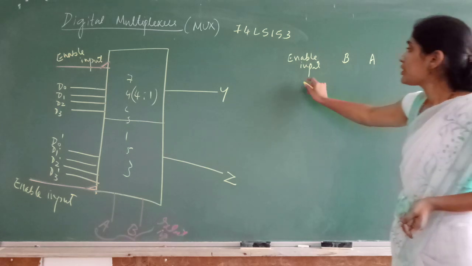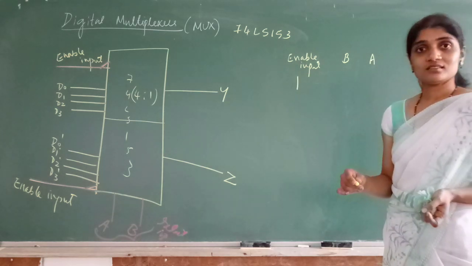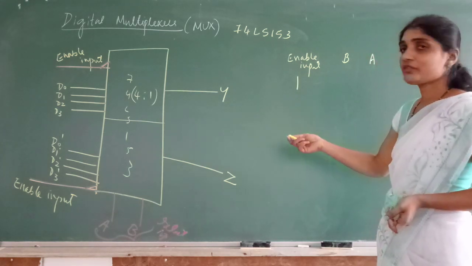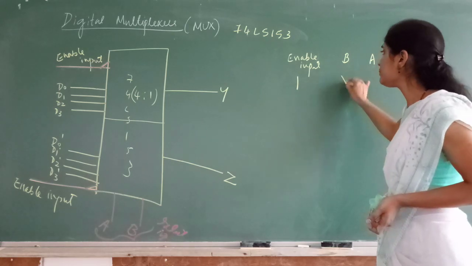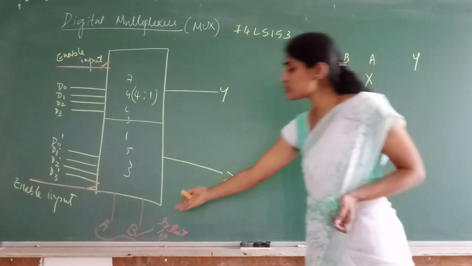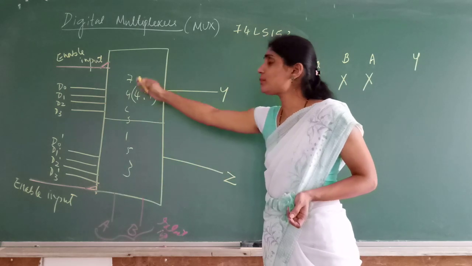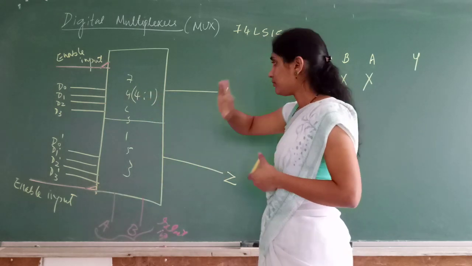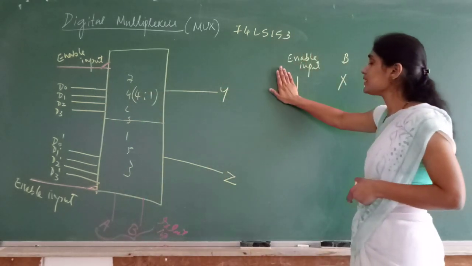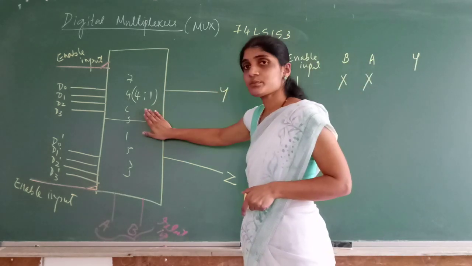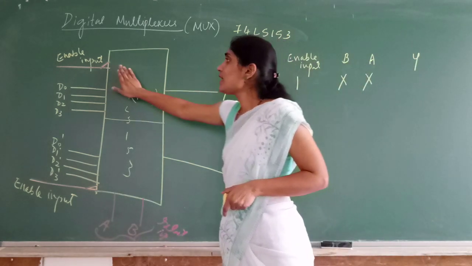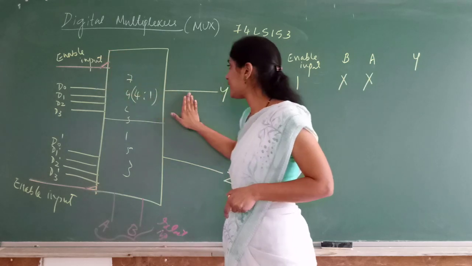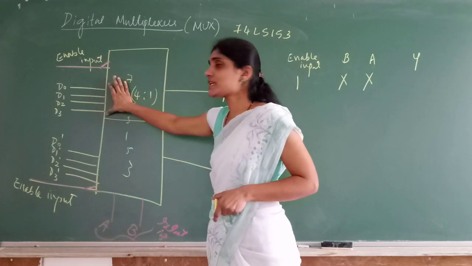Now what happens if I give enable input as 1? Whatever the select inputs, 0, 0, 0, 1, 1, 0, 1, 1, assume I am writing the truth table for the first mux. I am using only the first enable input, the first output and the first multiplexer's 4 inputs.